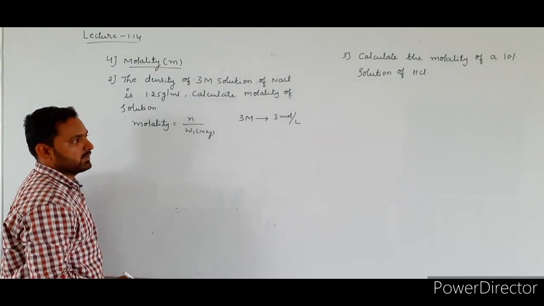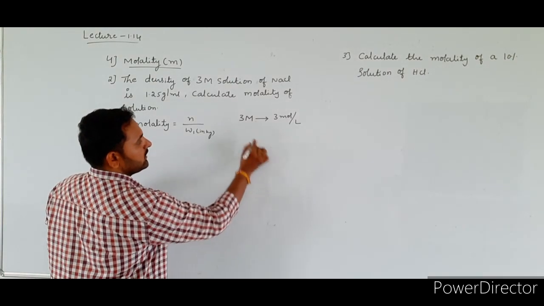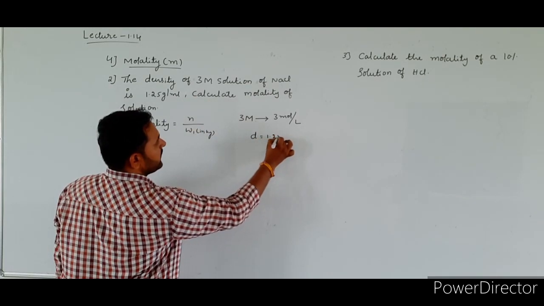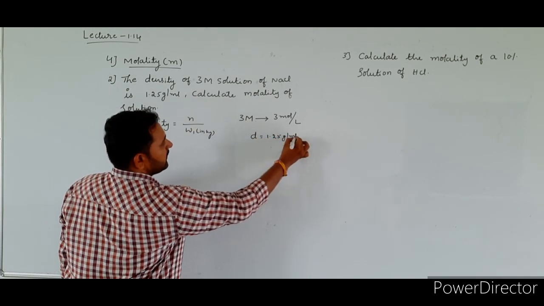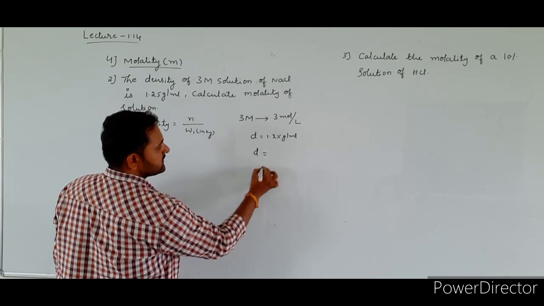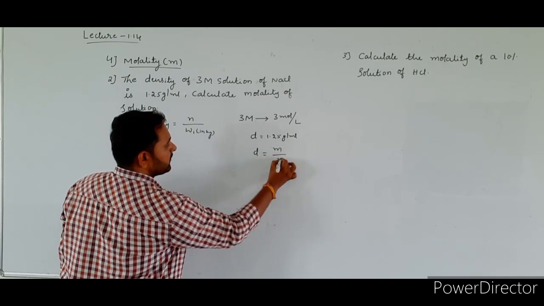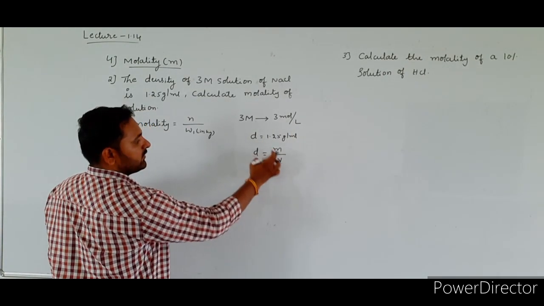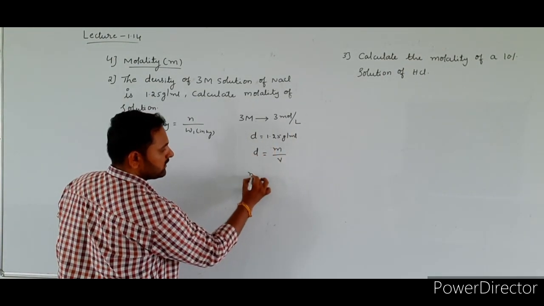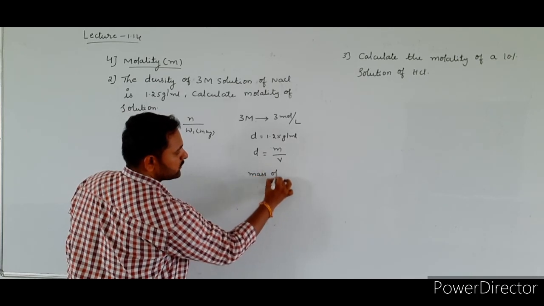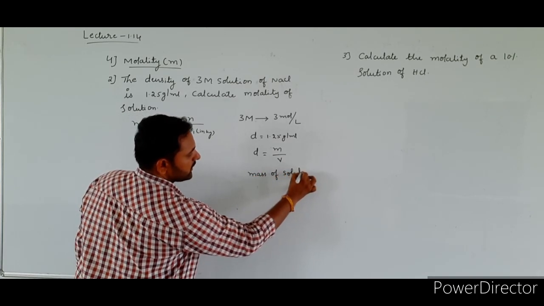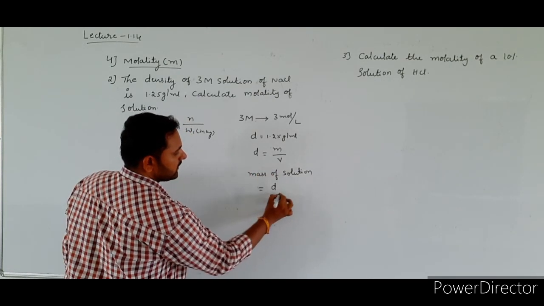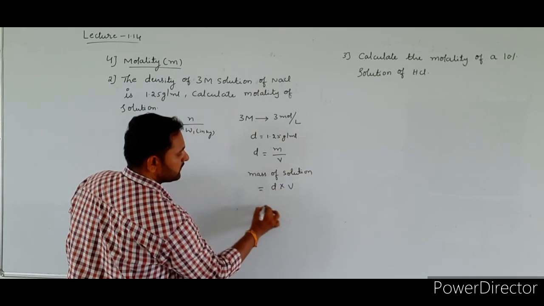So first we have to calculate mass of solution. He has given density, 1.25 gram per ml. Density formula: density is equal to mass by volume. Volume is given, density is given, we have to calculate mass of solution. Mass of solution is equal to density into volume.